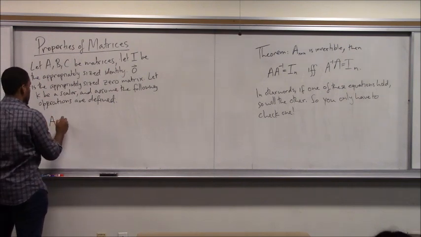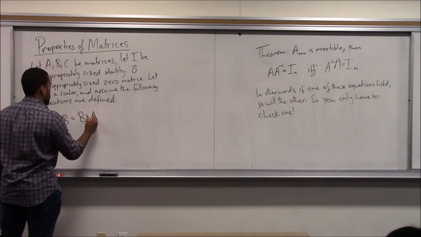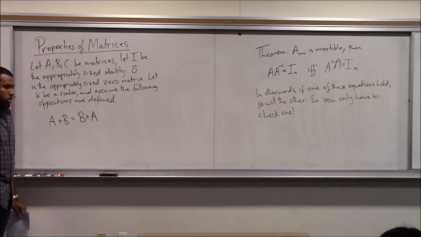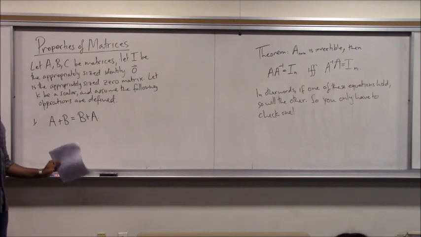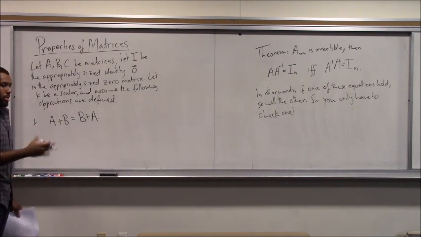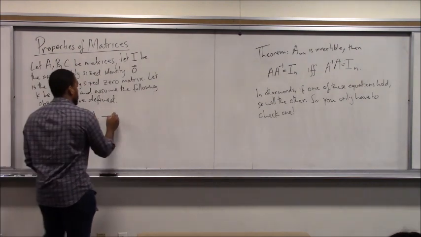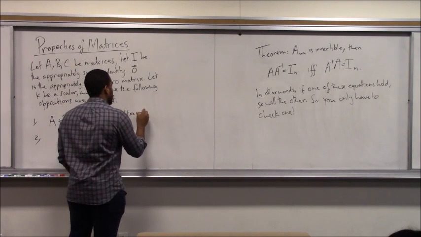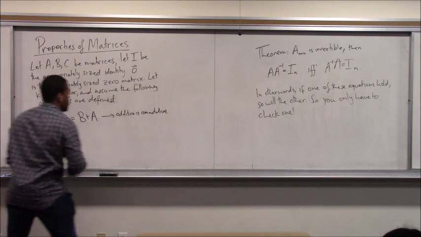A plus B, it turns out, is equal to B plus A. So it turns out matrix addition is commutative. So matrices, you can add them in any order, right? Now again, it might not seem surprising, but there are some things that can be surprising, so you should know. Commutative means the order does not matter.